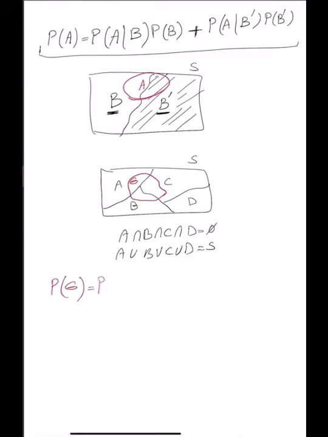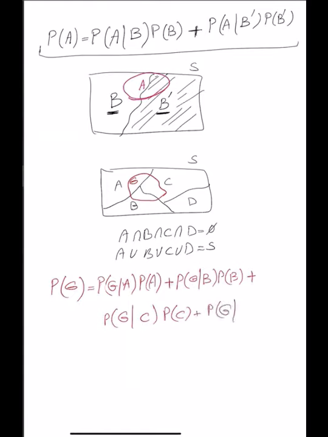I can say the probability of G given A has happened, multiplied by the probability of A, plus the probability of G given B multiplied by the probability of B, plus the probability of G given C multiplied by the probability of C, plus the probability of G given D has happened. I think D is not included. Yeah, it's not, you are right. This is just a general formula.